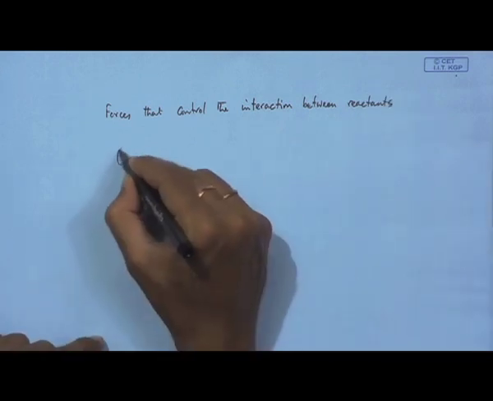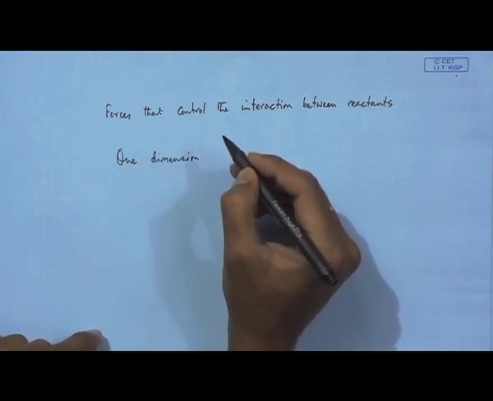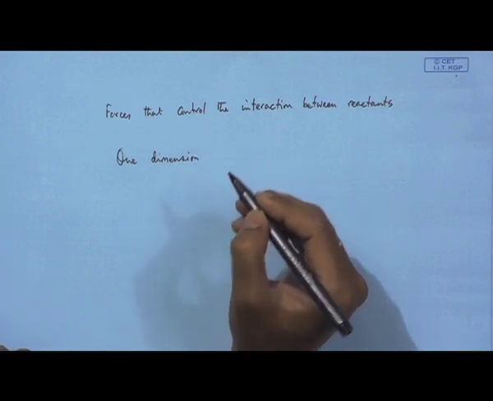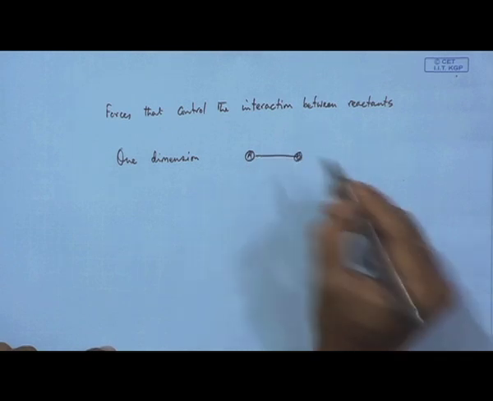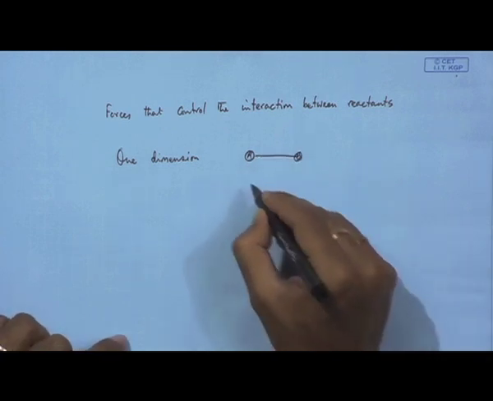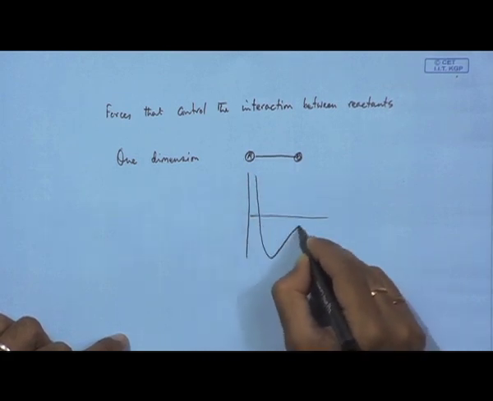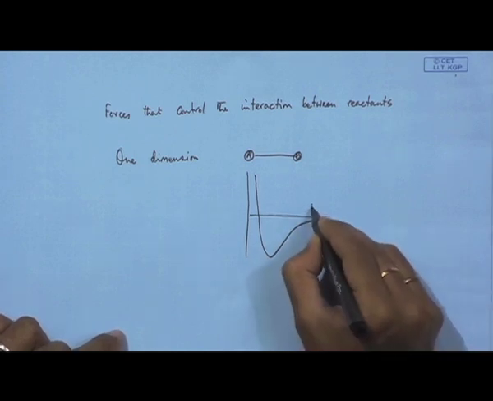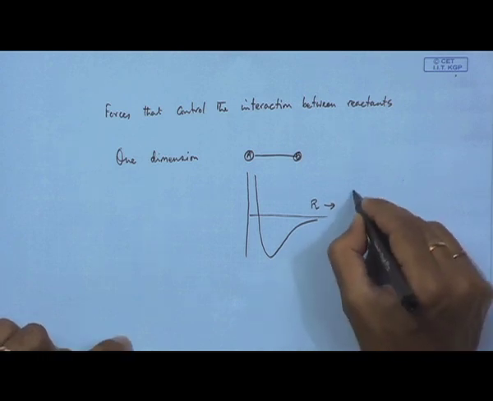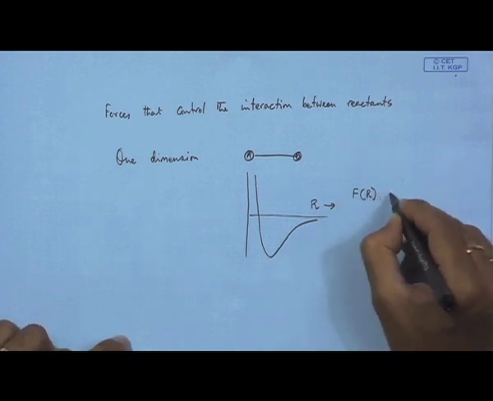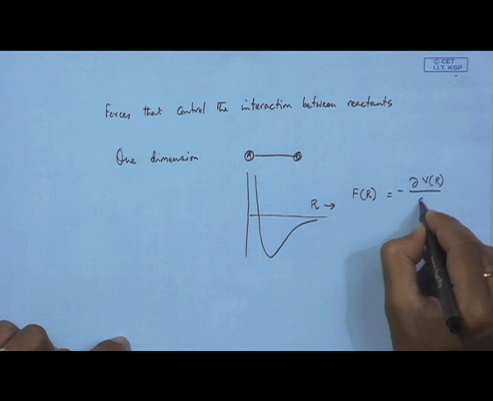In one dimension, for a diatomic system like A, B, the potential energy curve looks like something like this with separation, where the force F(r) is minus dV(r) by dr.